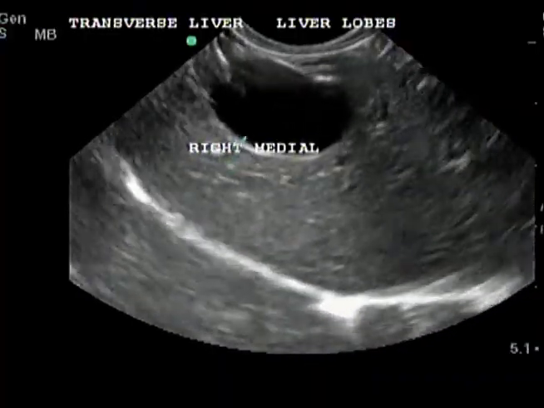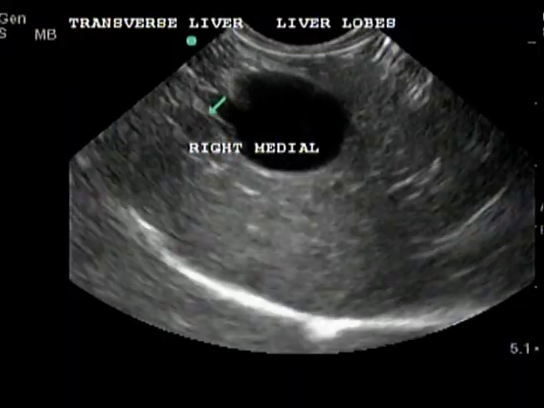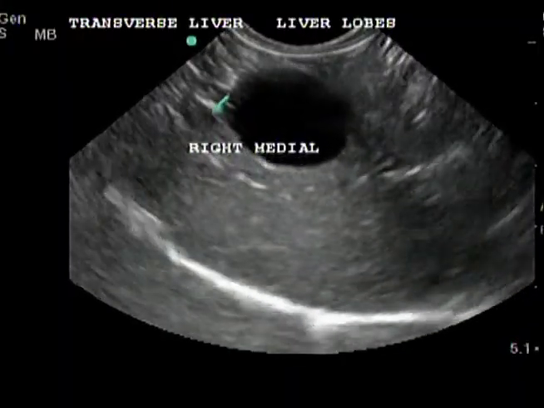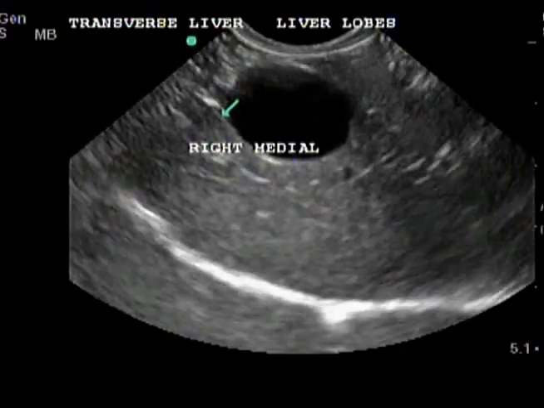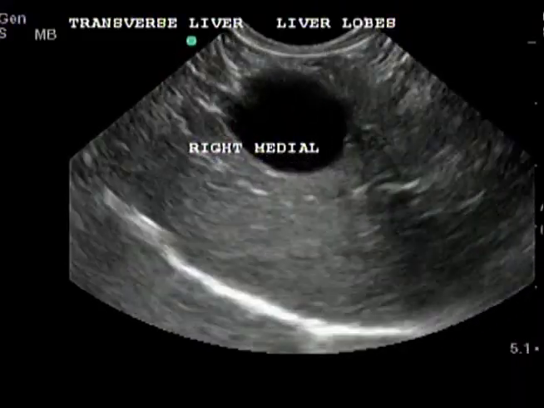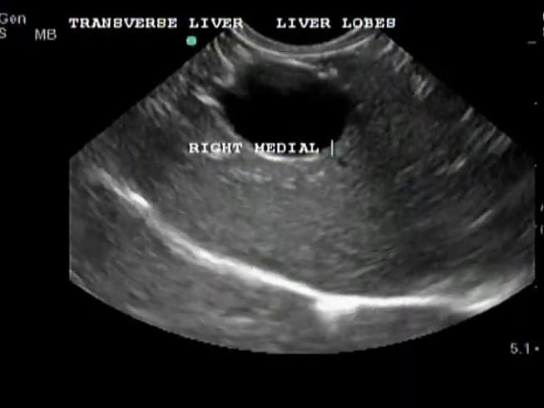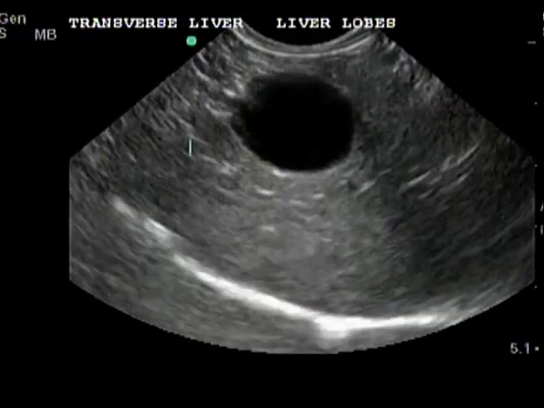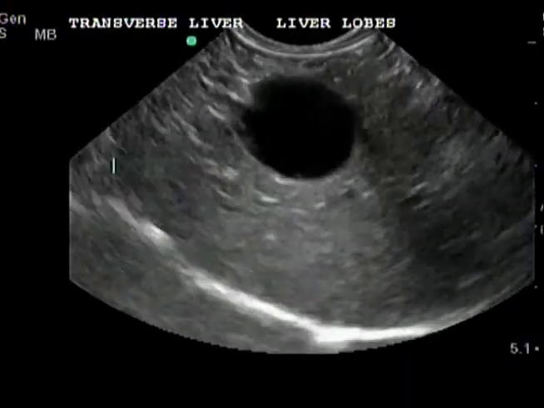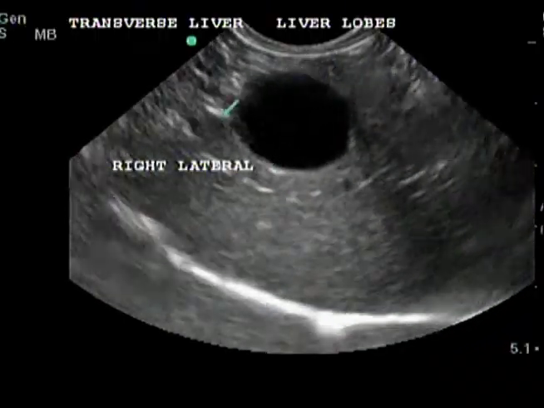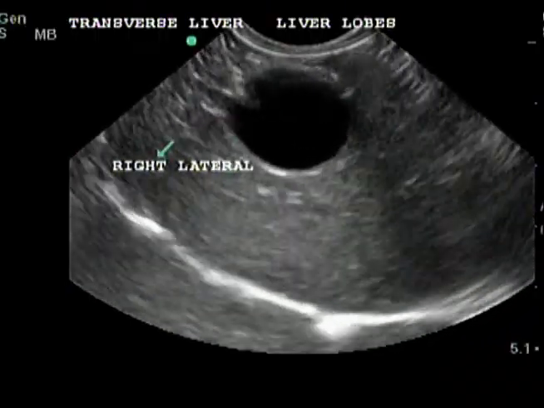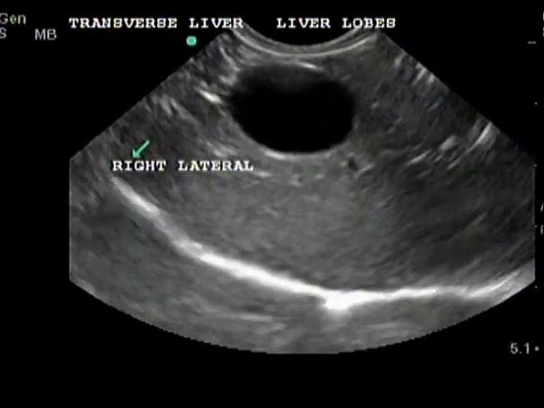The lateral wall of the gallbladder is attached to the medial side of the right medial liver lobe. The right lateral liver lobe is in contact with the right abdominal wall.